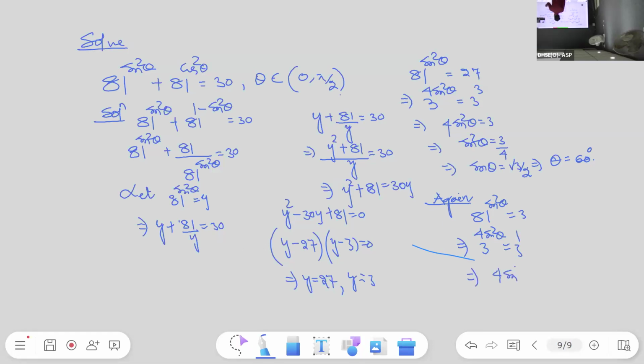This implies 4 sin square theta is equal to 1, sin square theta is equal to 1 by 4, so sin theta is equal to 1 by 2, which implies theta is equal to 30 degree. Okay, theta is equal to either 60 degree or 30 degree.